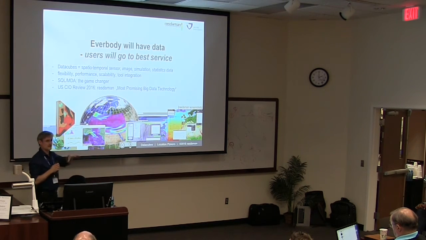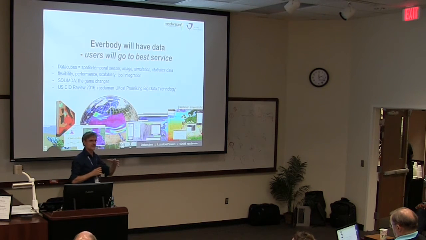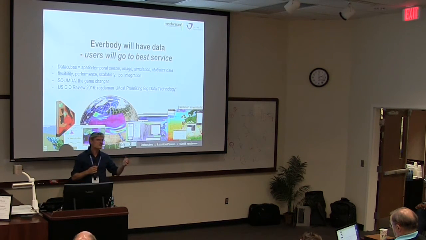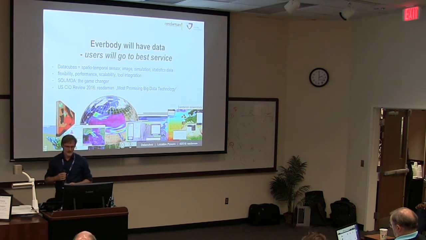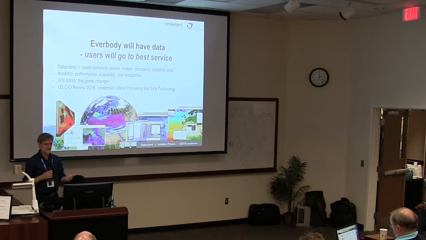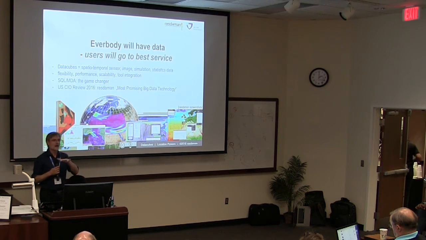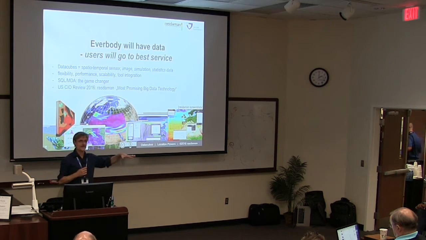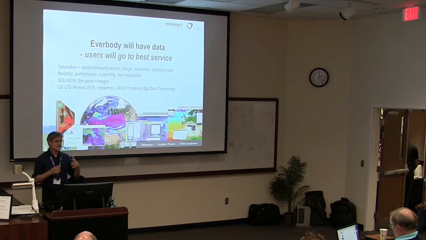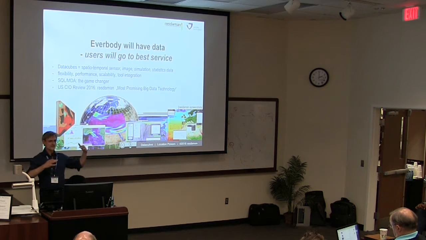Datacubes, I think, where it makes sense to compile data, might make it much easier than thinking about 1 million images or so. And it unites actually spatial temporal sensor data, image simulation and statistics data under one and the same modeling and querying paradigm, making it easier for users and making it easier to build cross-domain applications.